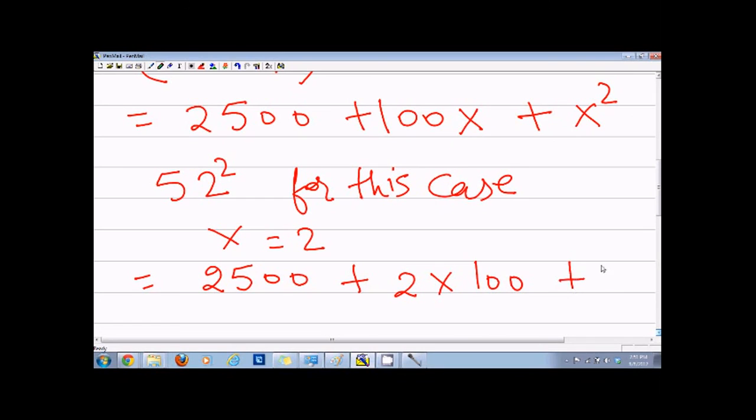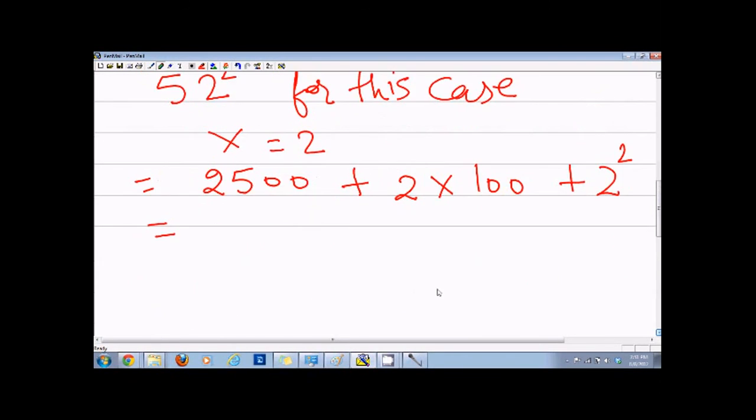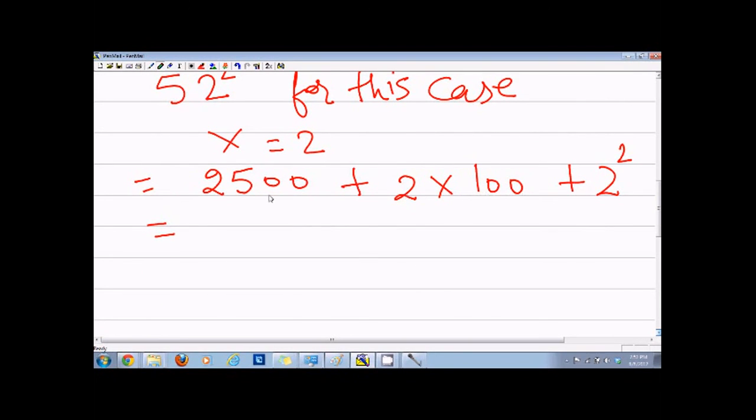And you can see, because 2 is at the hundreds place, this 2 will be added to 5, and then this 2 square is at the ones place, the first place, so it will come up on the last digit.